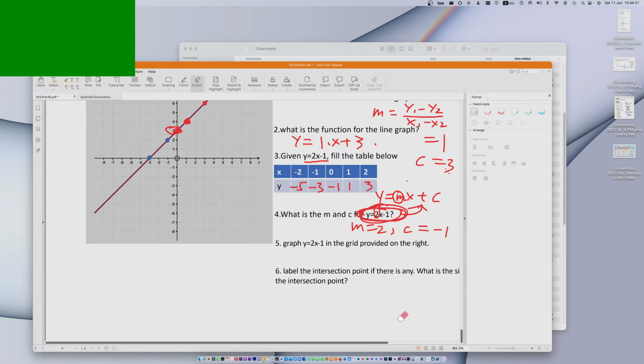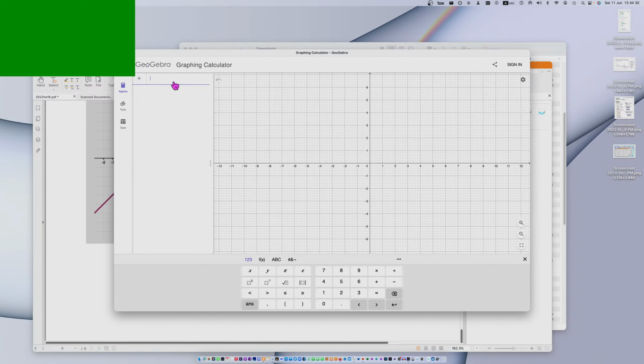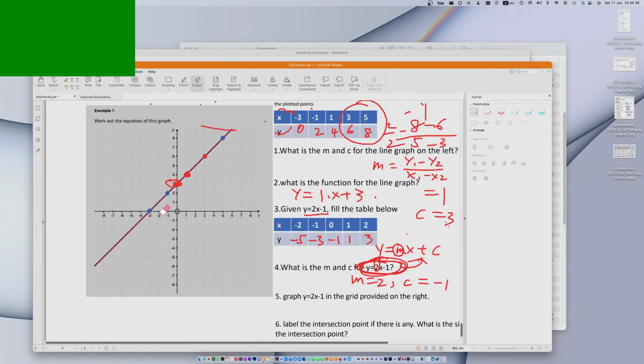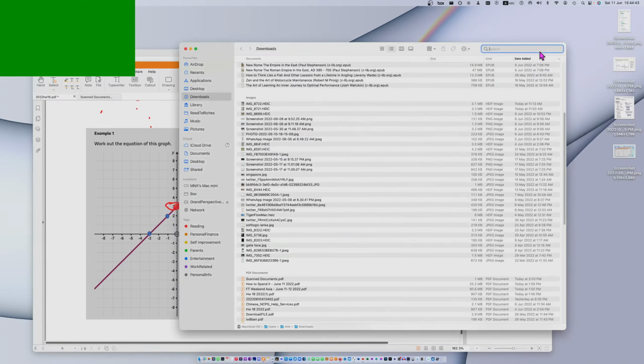I can use the algebra to help you out. Did you get back your Chromebook? No. Okay, what's the first equation? Y equals x plus 3.